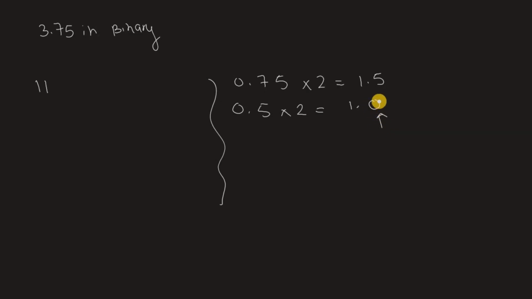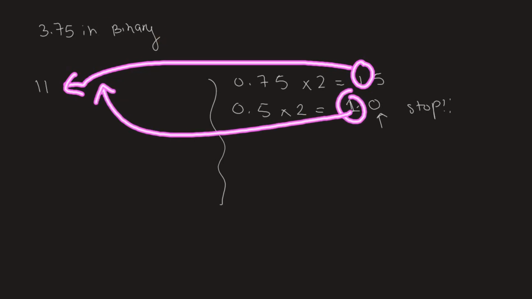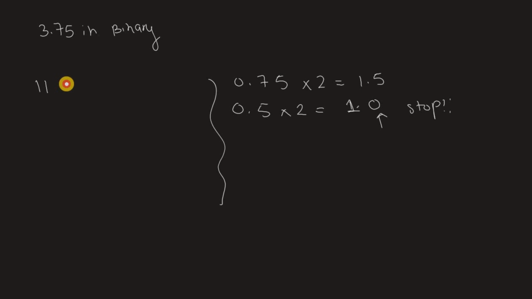So we get a whole number, so we're going to stop. Now what is our answer? 1 1, and next to it we put the point and the fractional bits: 11.11. So this is this number in binary.